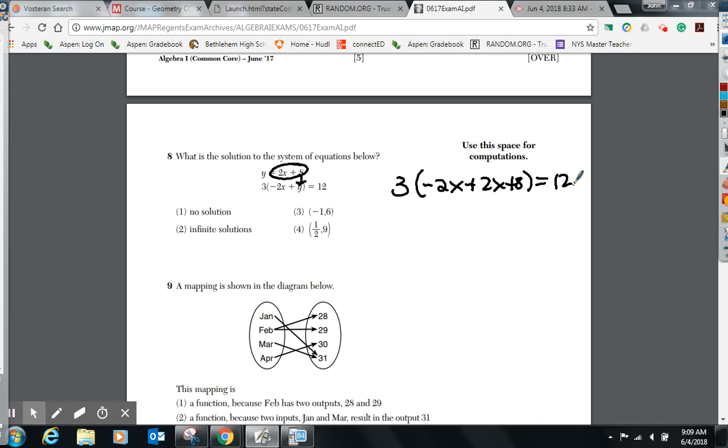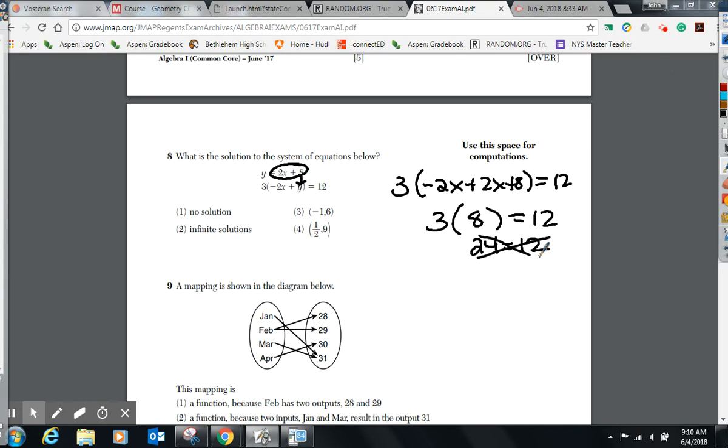Well, you want to do anything inside first? Oh yeah, combined the 2x. And what happened? They canceled. So you had 3 times 8 equals 12. And then that equaled 24 equals 12. Yep. That's not true. So there is no solution.